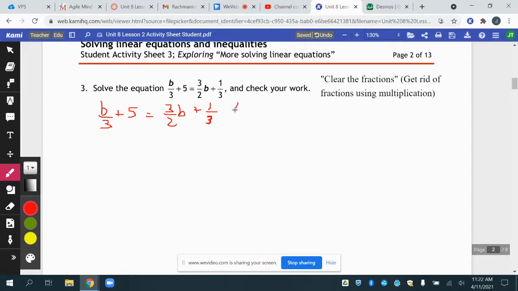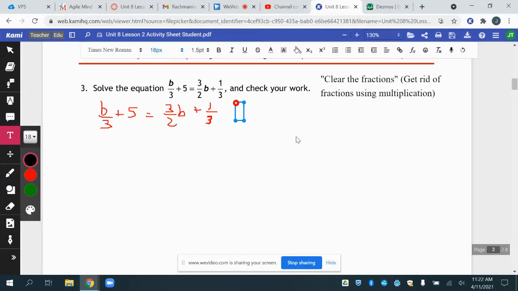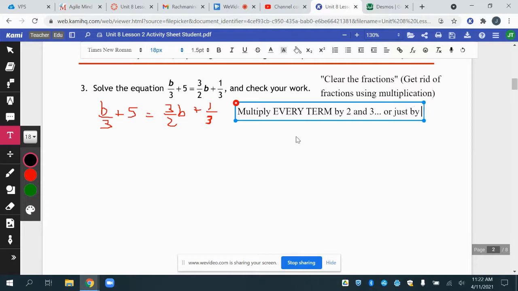I'm going to make every term 2 and 3 times bigger, by 6.